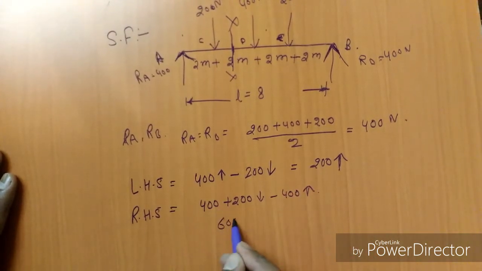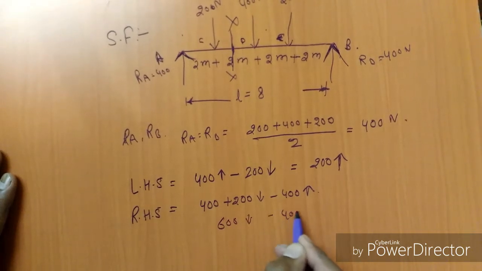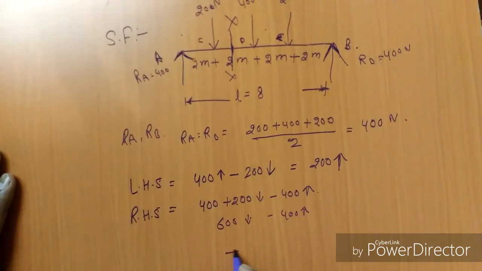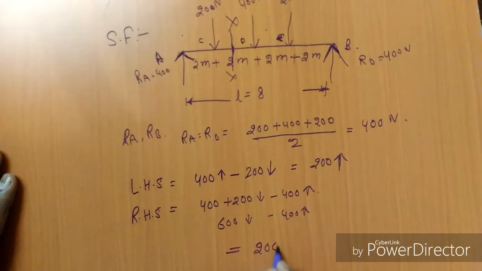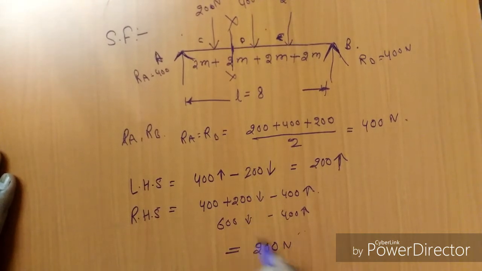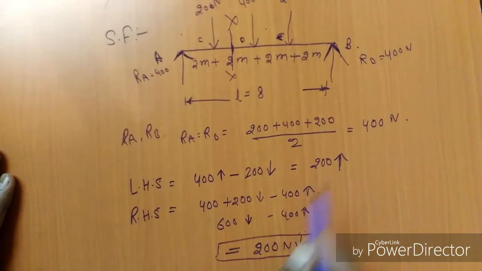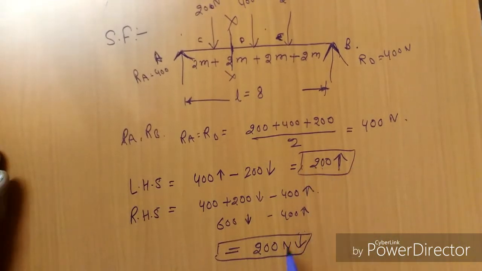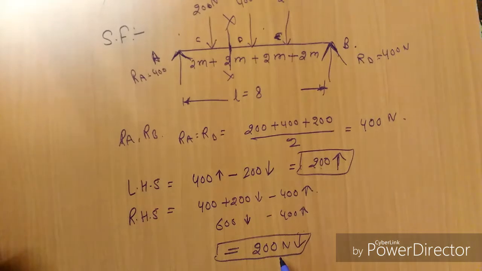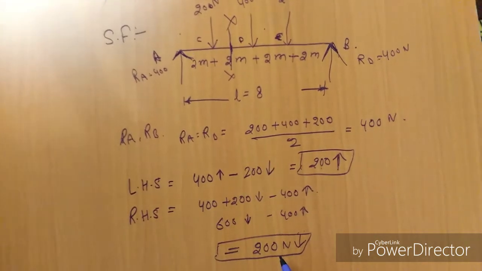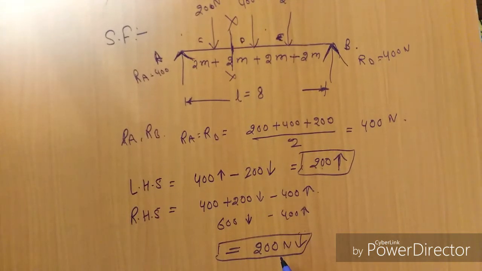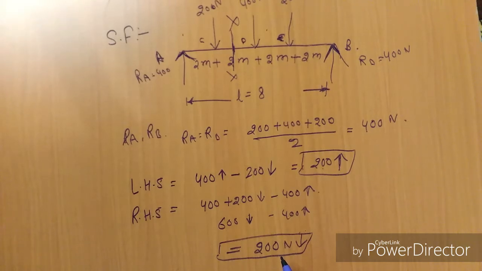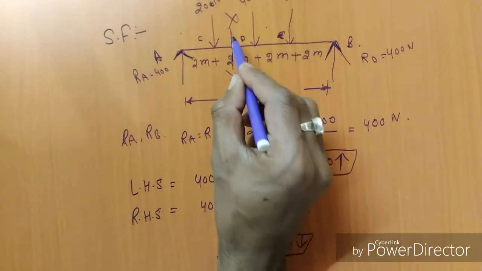This is equal to 600 downward and 400 upward, that is equal to 200 Newton downward, because 600 is greater. Here we see that the resultant forces are equal and opposite in direction and tend to break and shear.